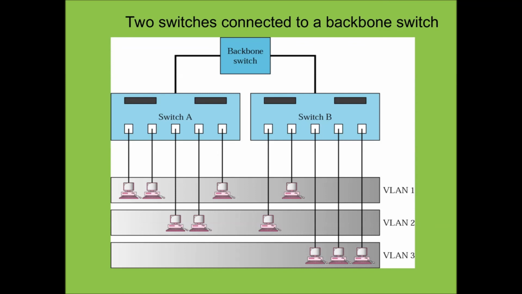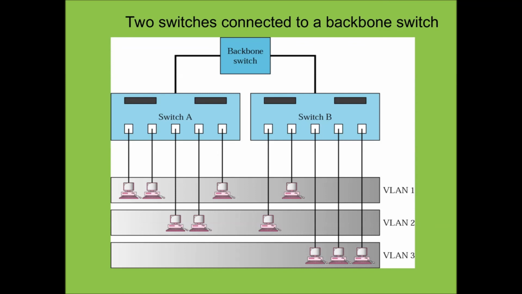In the previous slide all these computers were connected to a single switch. But over here we are going to use two different switches, and these two switches are connected with the help of another backbone switch.